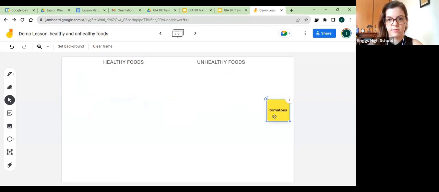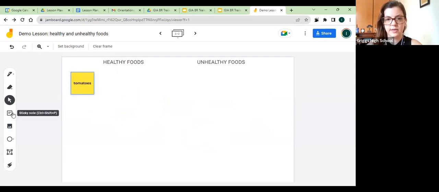And then you can bring it around. It's like a Post-it. So sharing the link, you can open it and start writing examples of healthy foods and examples of unhealthy foods.